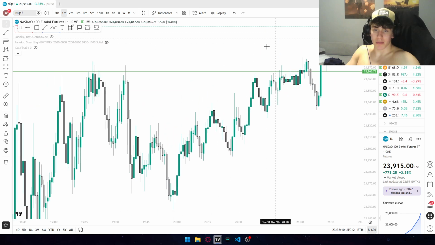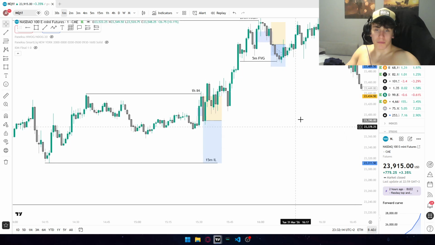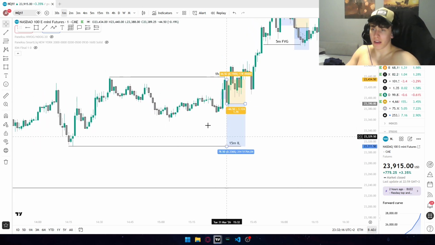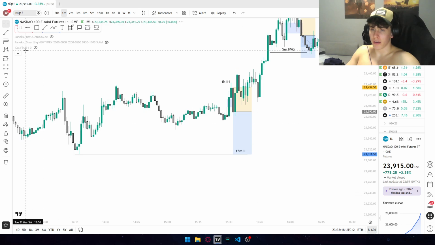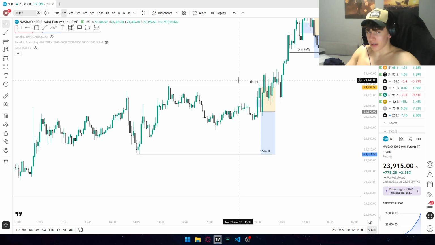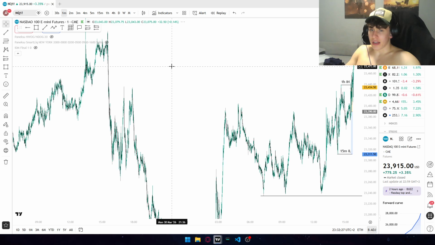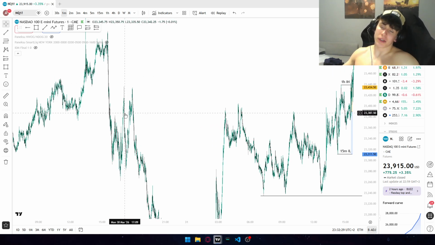Coming into the market open, I just loved how mechanical it looked on the lower time frame. We swept this 1-hour intermediate high, but it was after sweeping the previous 1-hour intermediate high.